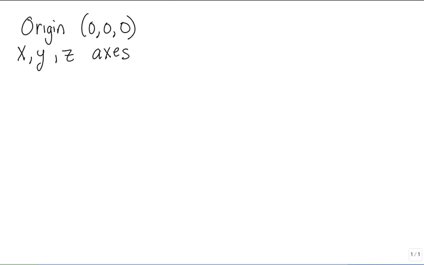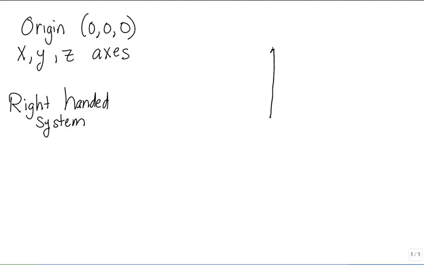There's a right-handed system, and the reason it's called that is because if z is pointing up and the x-axis points out of the plane.